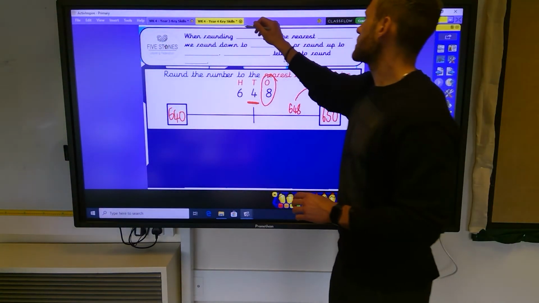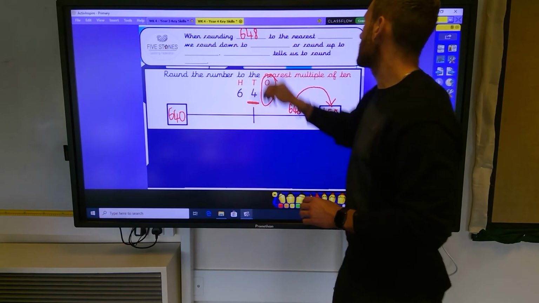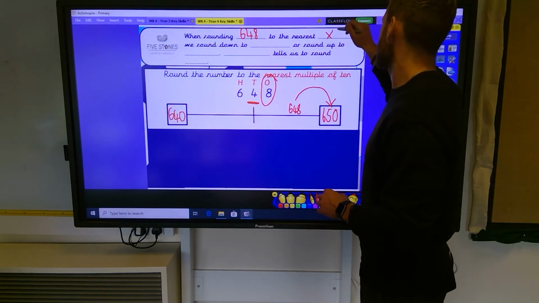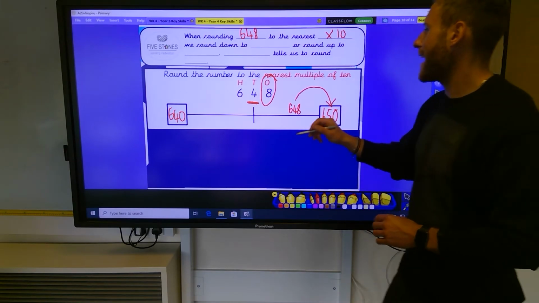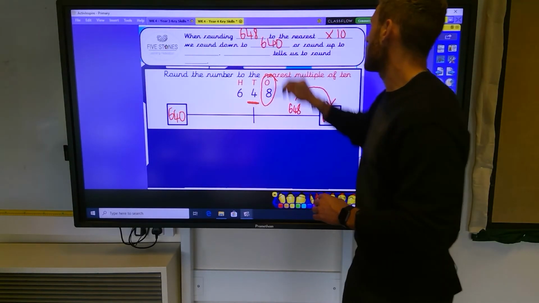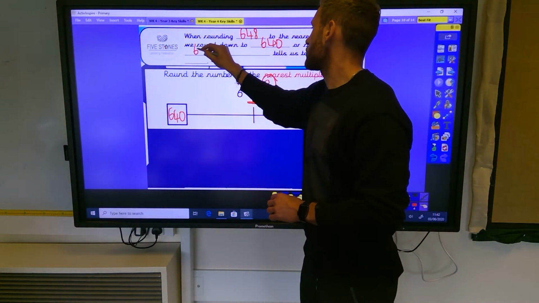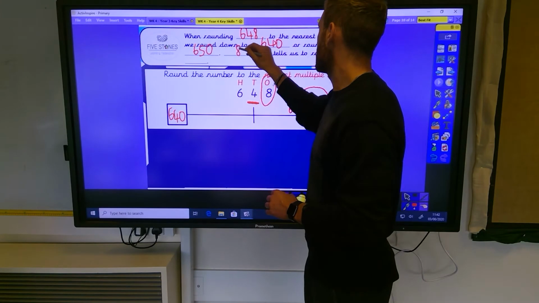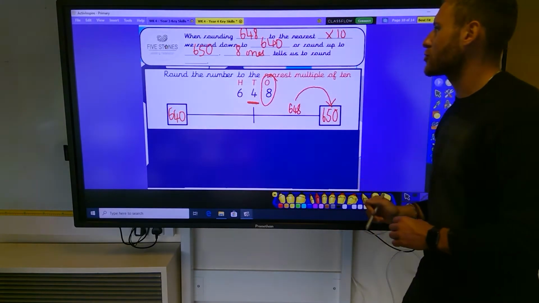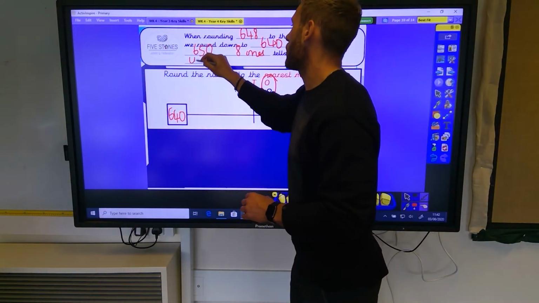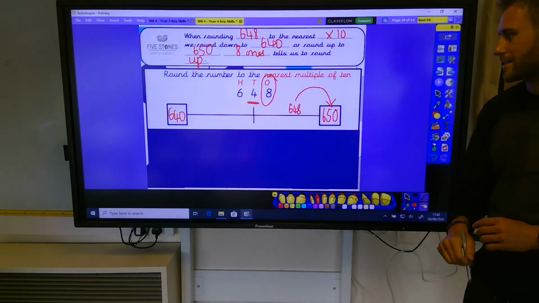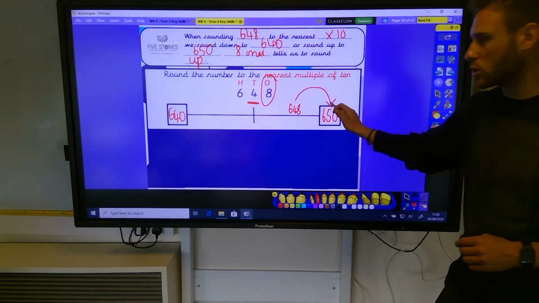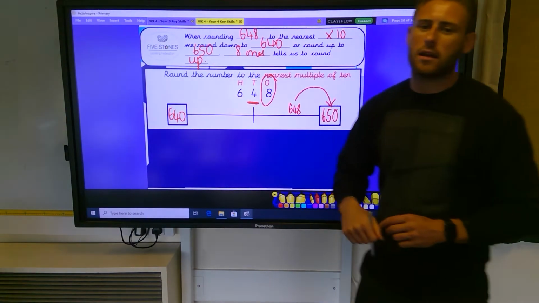So when rounding 648 to the nearest multiple of 10, we round down to 640 or we round up to 650. So 8 ones tells us to round up. Fantastic. Being 8 ones tells us we're closest to this multiple of 10 in comparison to this multiple of 10.